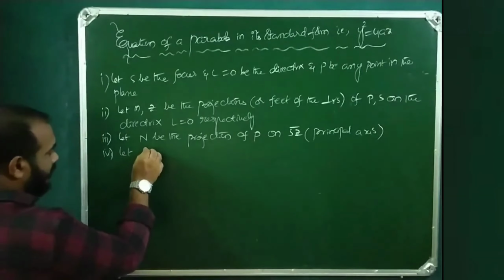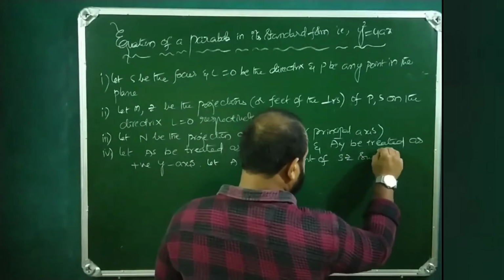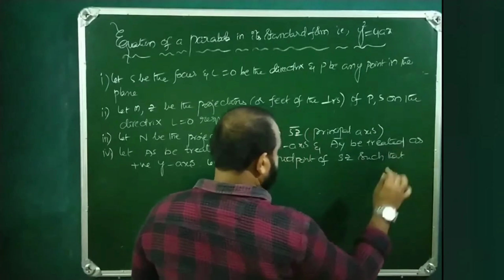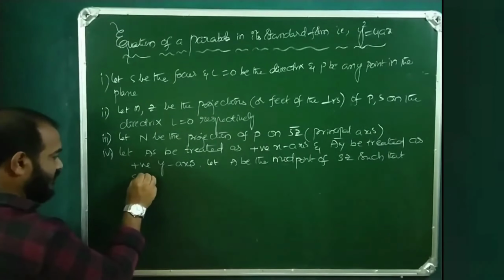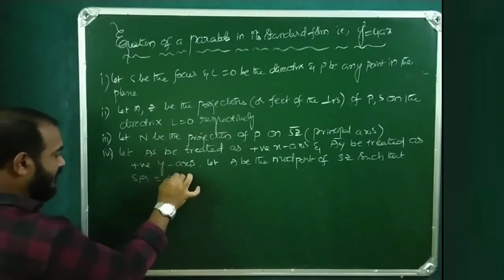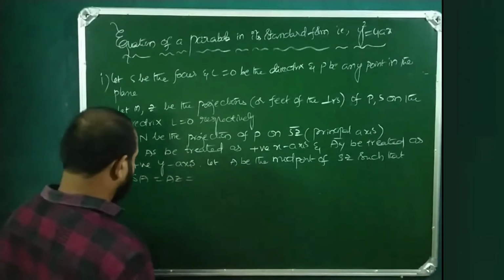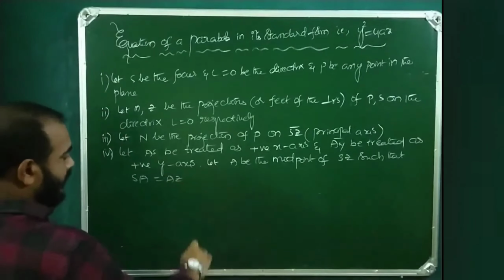Let A be the midpoint of SZ such that SA equals AZ.